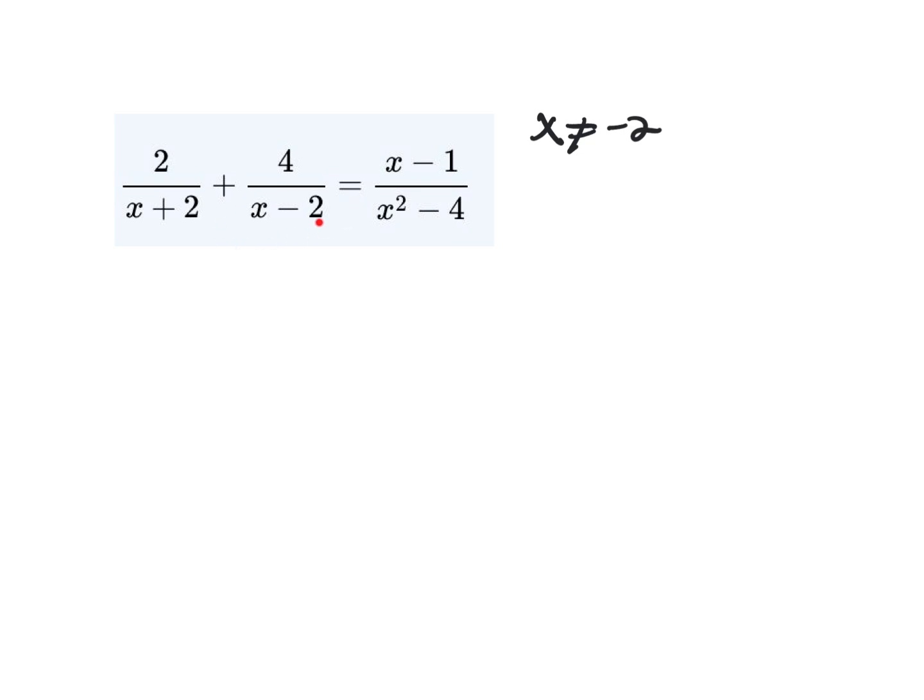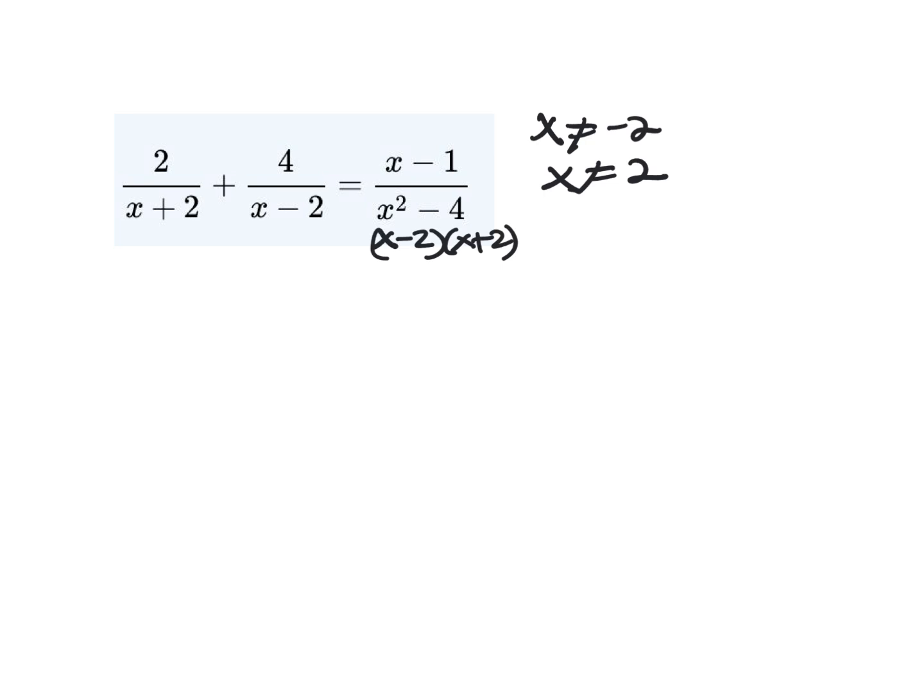And so that is going to tell us that our variable cannot be equal to positive 2. That'll create a 0. We would also have to look at this one here, but if we factor x squared minus 4, we know that that's going to be x plus 2 and x minus 2, which then gives us the same two restrictions.